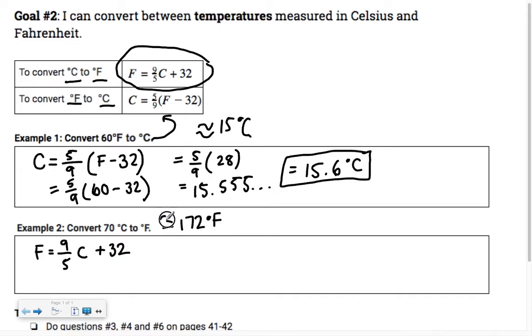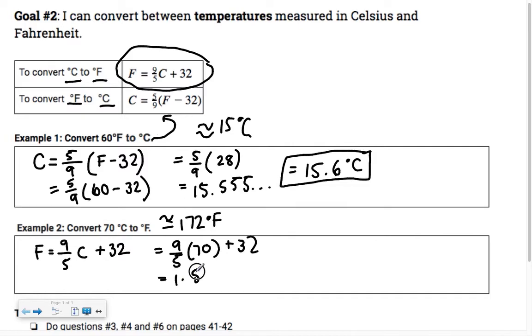Let's see how close we are there. So I have 9/5 multiplied by 70 plus 32. Plugging that into our calculator, I have 9 divided by 5, which gives me 1.8 times 70 equals 126.